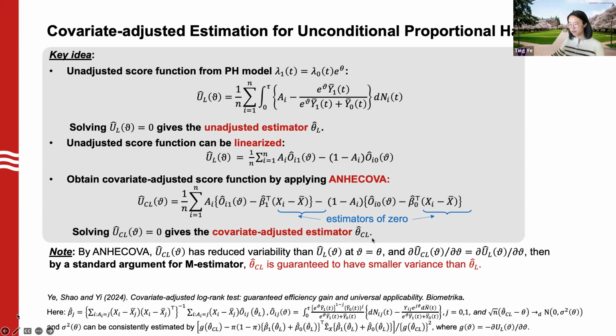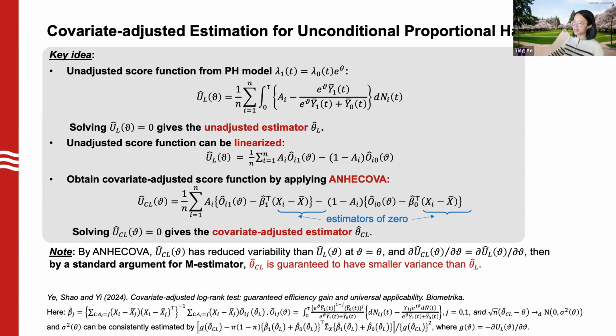We also have theory for this estimator, but intuitively, if we use any COVA approach to construct these linear adjustment terms, the score function has reduced variability compared to the original one. The derivative, or the Jacobian, doesn't change because the adjustment term does not depend on the parameter.